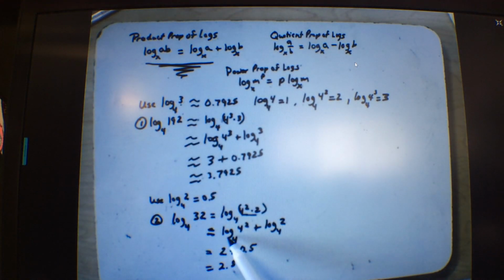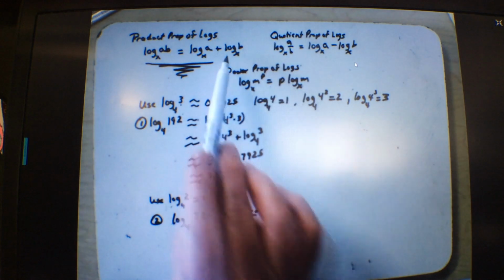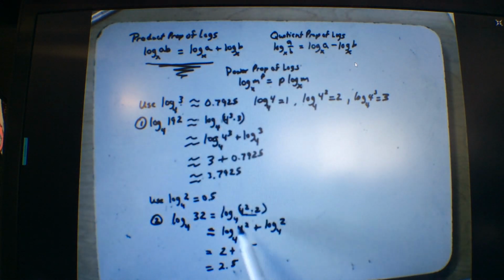So I can add the log of 4 squared base 4 plus the log of 2 base 4. If I'm multiplying, this is A and B. A is 4 squared, B is 2. Does that make sense? Yep. Okay. Questions?